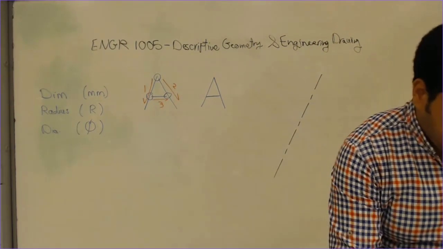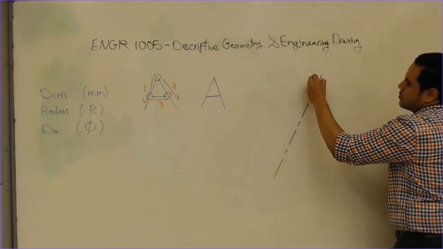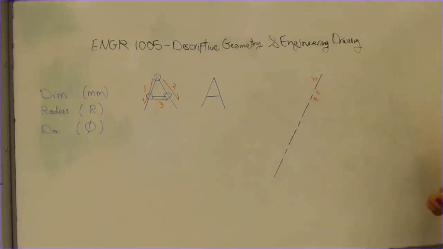So for the dimensions, again, the long dash is 10 millimeters, the gap is 2 millimeters, and the dash is 4 millimeters, and so on.